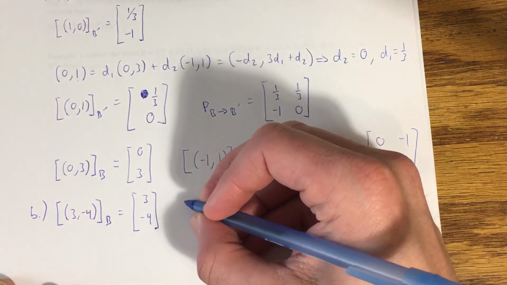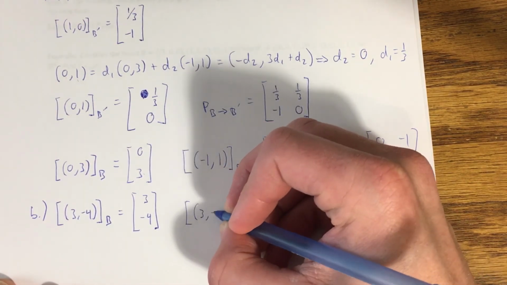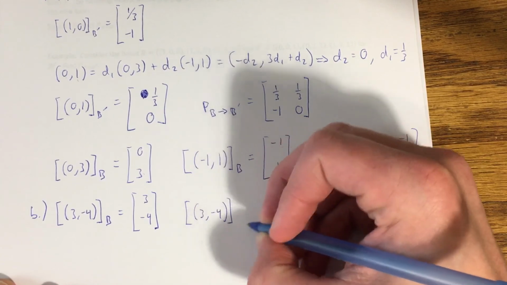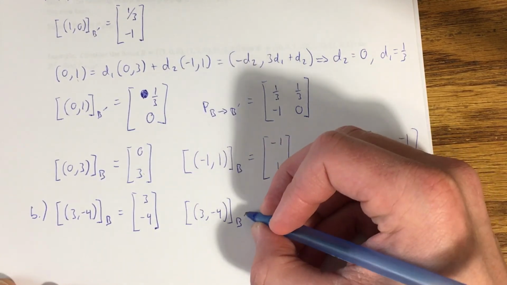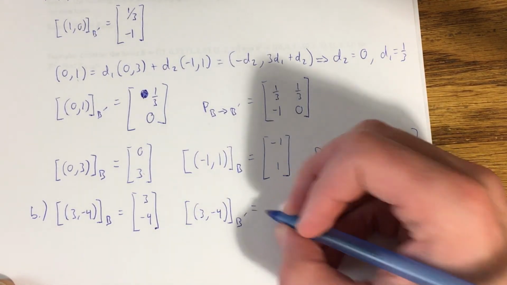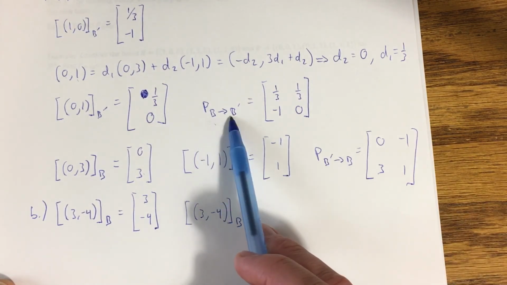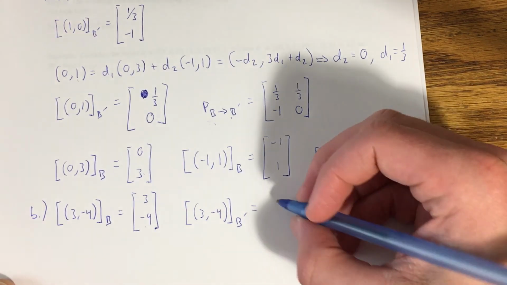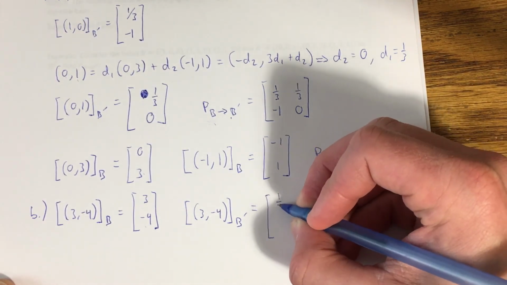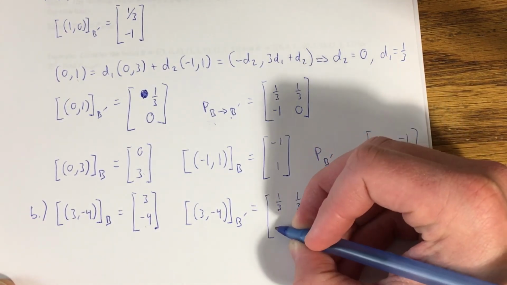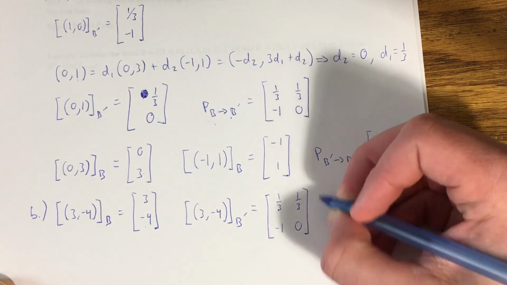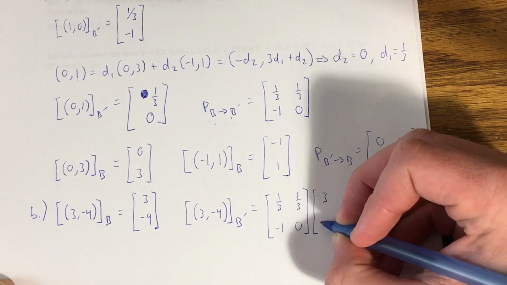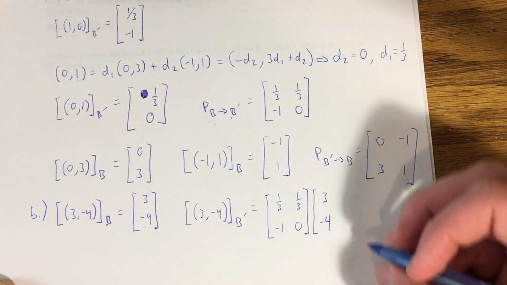If I want 3, negative 4, but relative to B prime, then what I'm doing is multiplying this transition matrix on the right by this column vector. So this is going to look like 1/3, 1/3, negative 1, 0, times 3, negative 4.